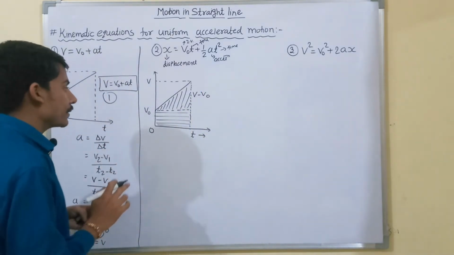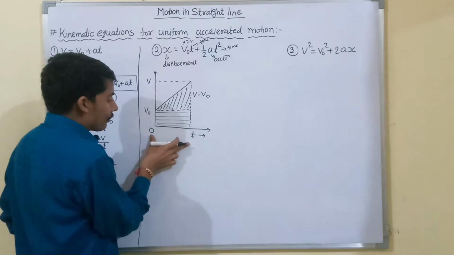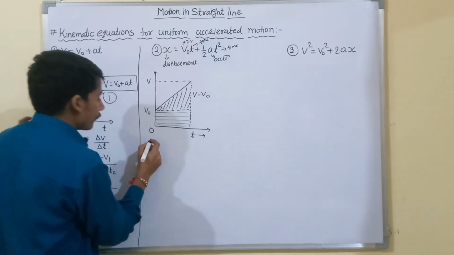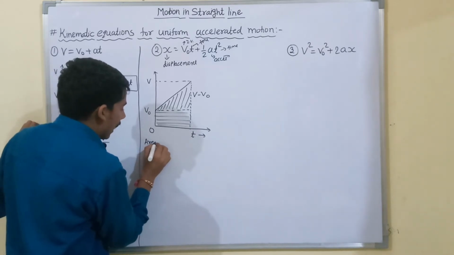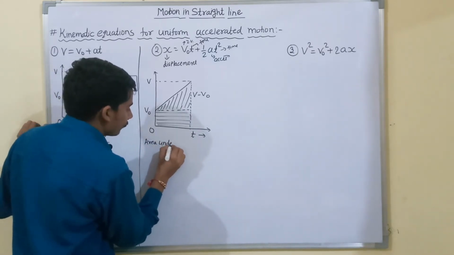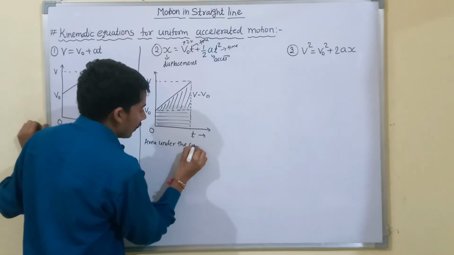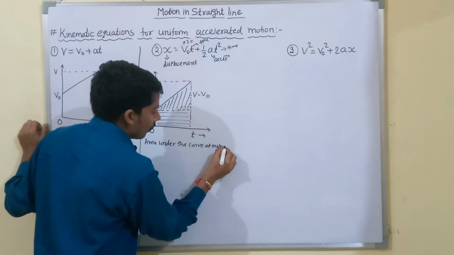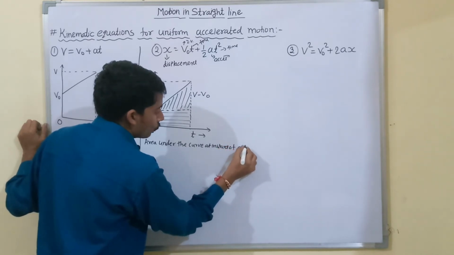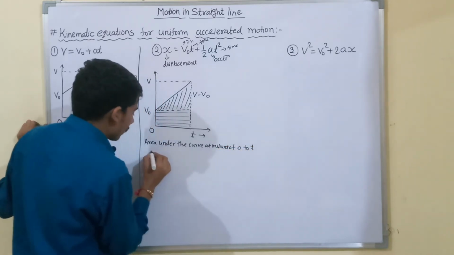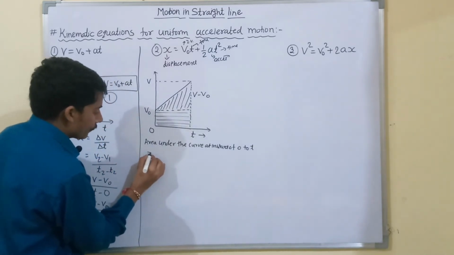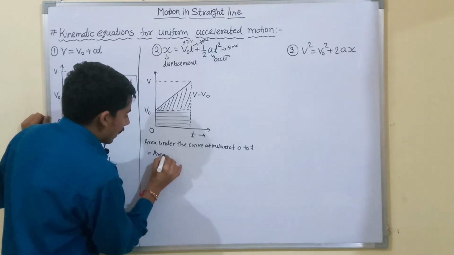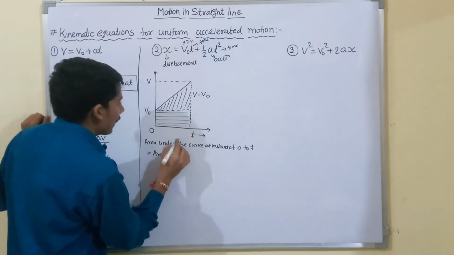Now the area under the curve at the instant between 0 to t equals the area of the triangle plus the area of the rectangle.